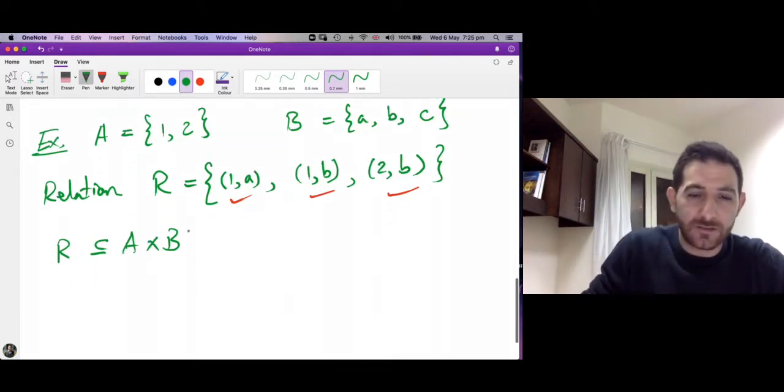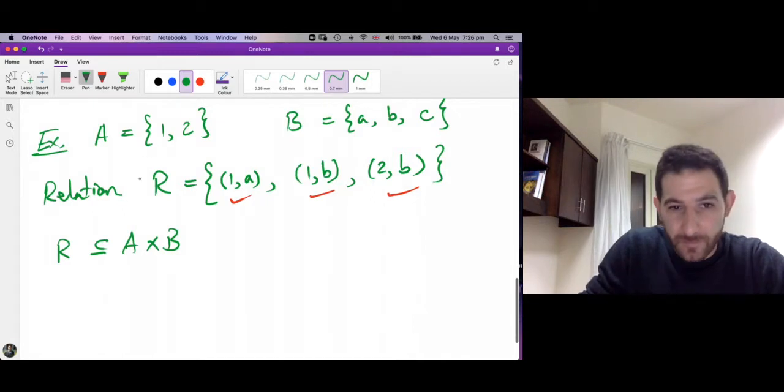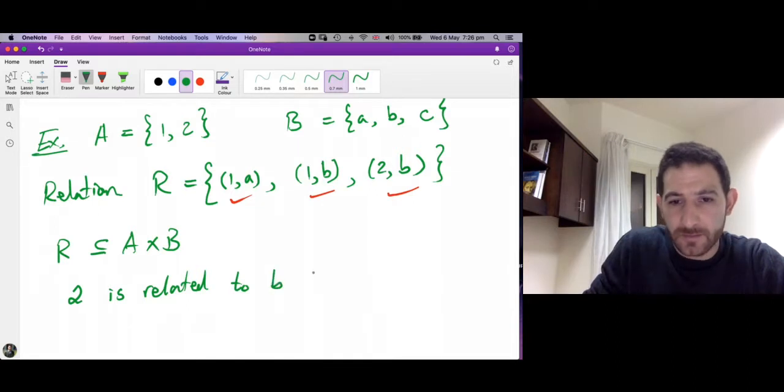So this means we can say that under this relation the element 2 is related to the element B by the relation R, right? Why is this?